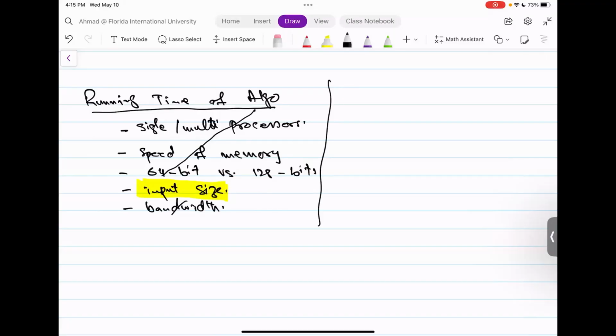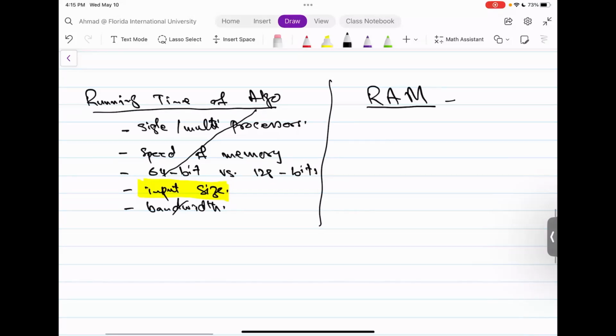What I'm going to do is model a hypothetical machine, which I'm going to call RAM. RAM means random access machine, a hypothetical machine which I will be using for analyzing my algorithm.